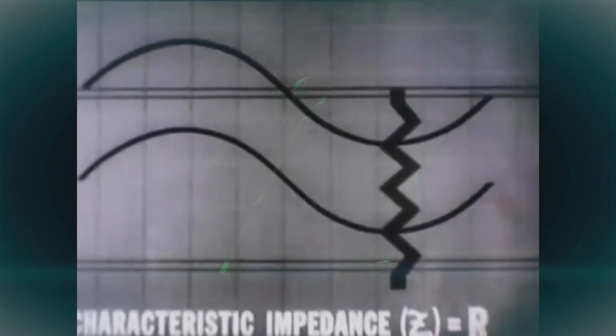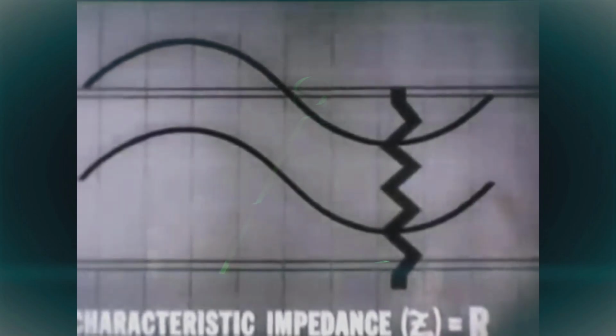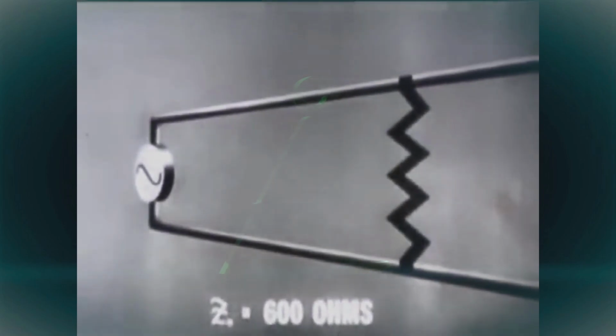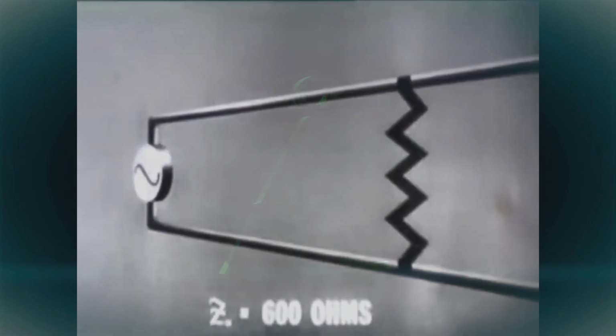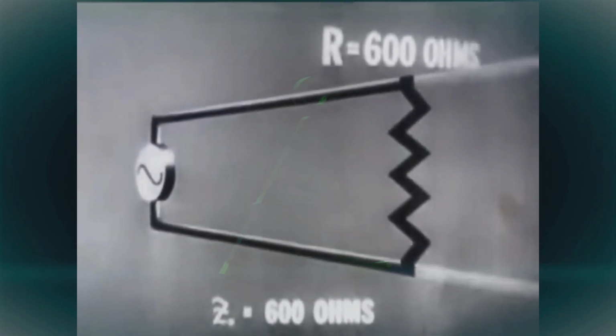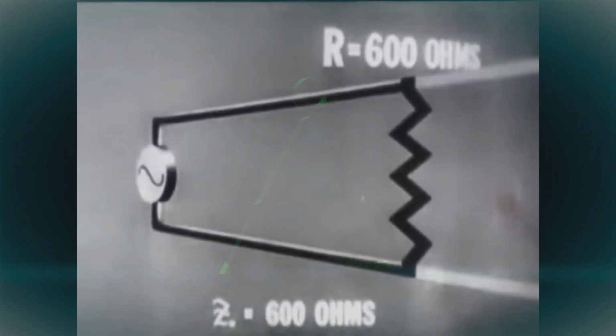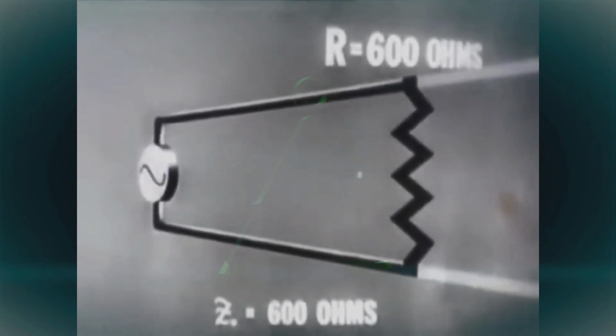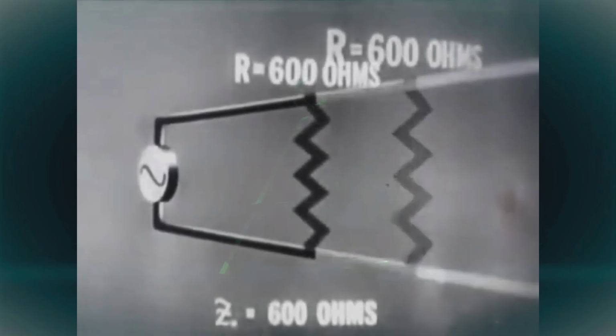To the generator, characteristic impedance appears the same as any resistor of equal value placed between the generator terminals. If the characteristic impedance of our infinite line is 600 ohms, we could terminate the line with a 600 ohm resistor. We have changed our infinite line into a practical line, yet the resistance and current remain the same.